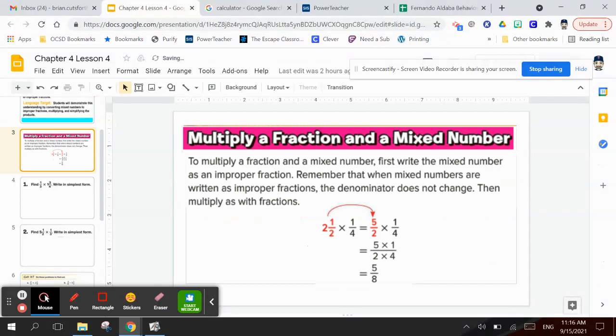So when we look at multiplying a fraction and a mixed number, to multiply a fraction and a mixed number, we first must write the mixed number as an improper fraction. Remember that when mixed numbers are written as improper fractions, the denominator does not change. Such as 2 1/2.